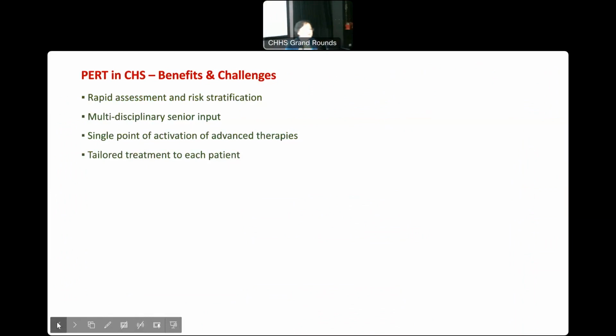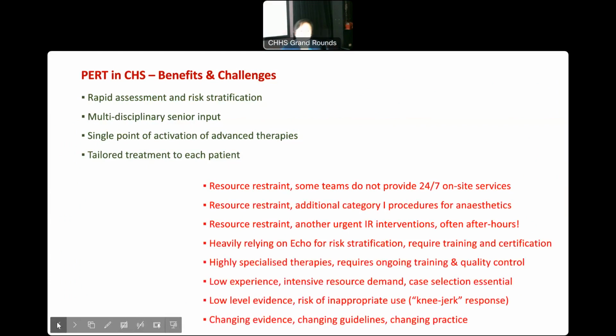What is the benefit? Rapid assessment, risk stratification. Identify those patients who have high risk of cardiovascular collapse or death. Multidisciplinary senior input. We have a single point of activation of all kinds of advanced therapies, and we have tailored treatment to each patient.